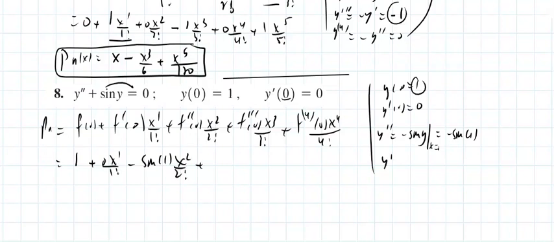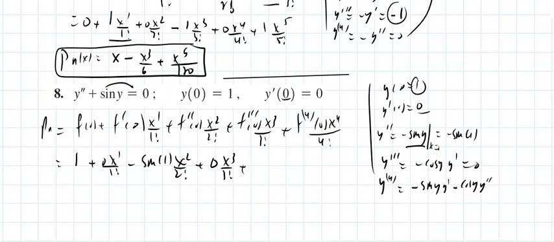And if I take another derivative, that will be negative the cosine of y times y prime, but y prime is 0, so that's 0.